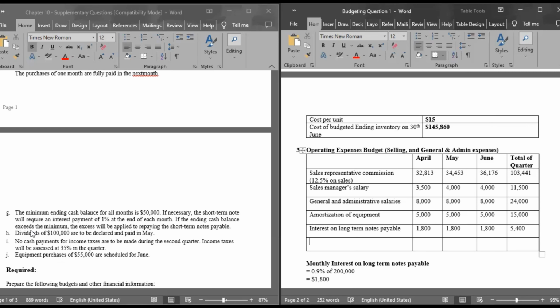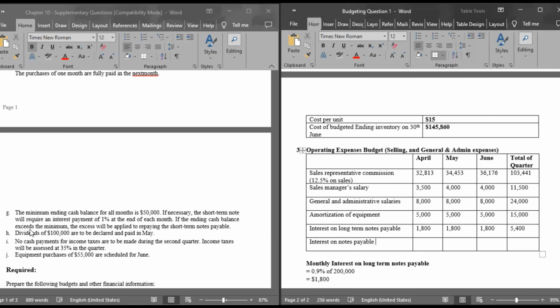So we can also budget the interest on notes payable. But so far, we don't know the amount of the short-term notes payable. When we prepare our cash budget, we can estimate the amount needed for the interest on short-term notes payable.